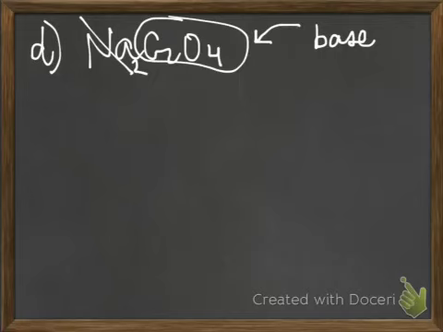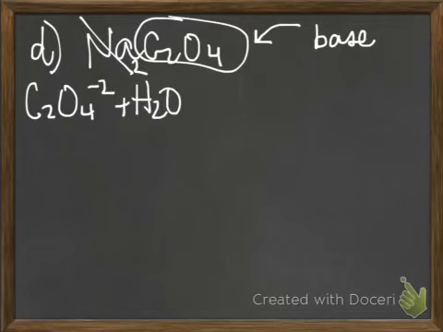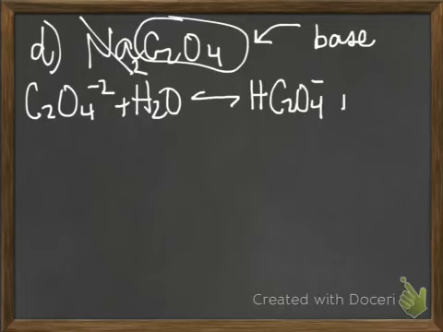All right. To prove that, we can show that C2O4 2- interacts with water in the way that a base does. Because it has a negative charge, it's able to take a hydrogen from water, and remember, it only takes one at a time. So HC2O4 minus, and when it takes the hydrogen from water, it leaves behind hydroxide.